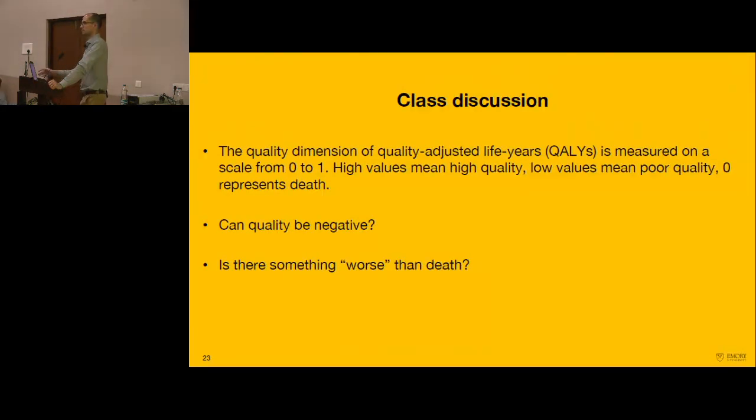And so the current recommendation and the current practice in cost effectiveness is that the utility values have to be within the range of 0 and 1 inclusive, where 0 means death. And even a horrible state, where the person is not in a vegetative state, is aware of everything but is in horrible pain, would be a value that's more than 0.